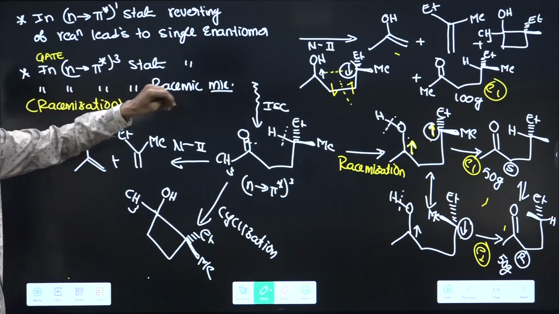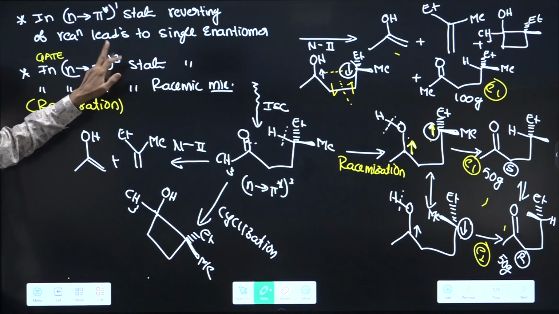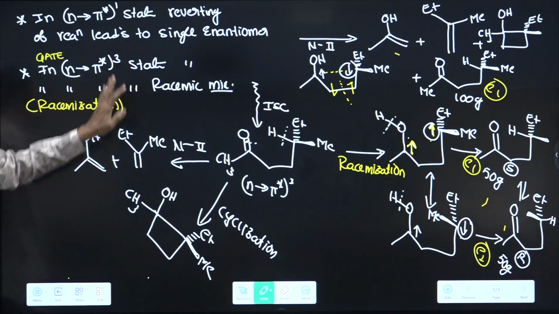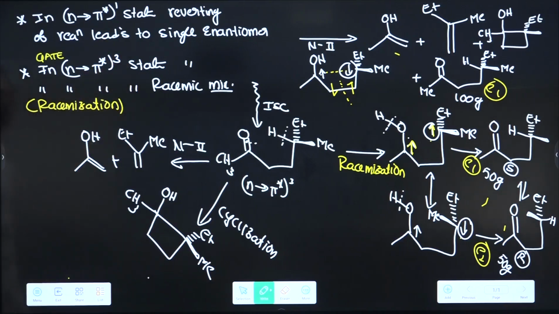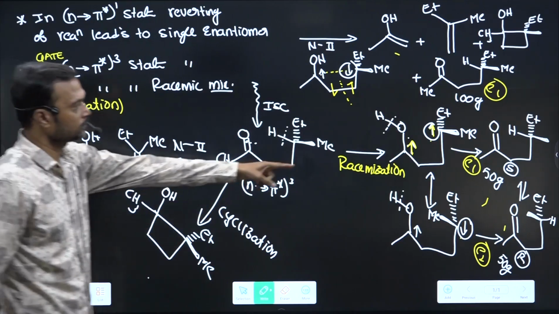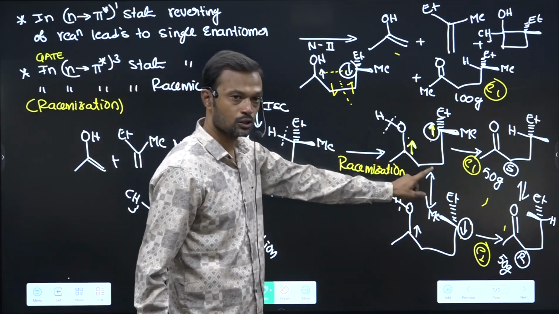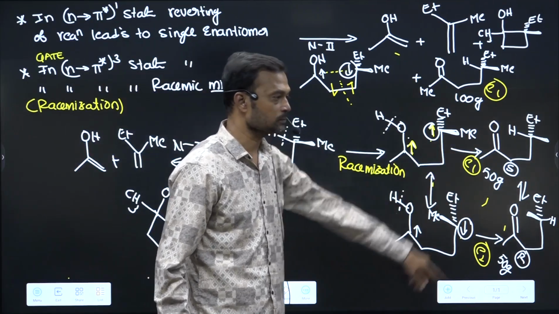Four options are given. n to pi star triplet only, not pi to pi star triplet. Here you need to focus. These two you need to focus on for getting a racemic mixture.